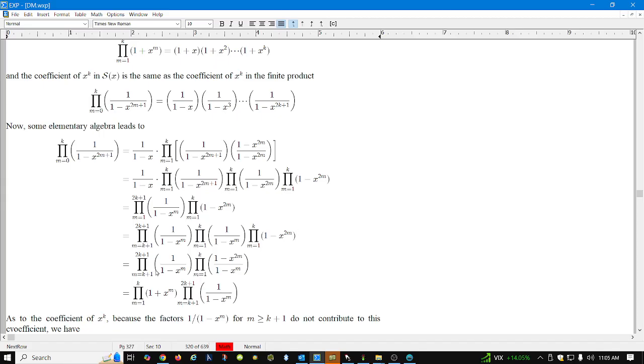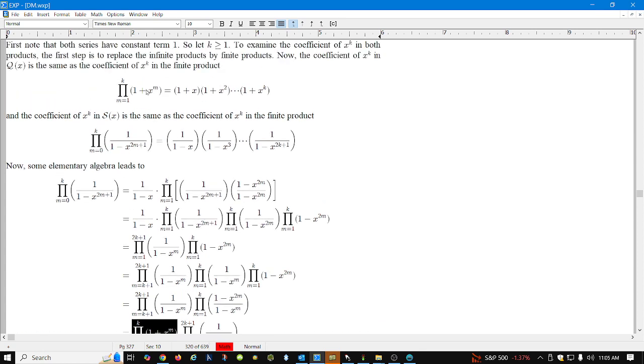Okay. This I have reproduced as the second factor. What about this? Well, 1 minus x to the 2m is 1 minus x to the m times 1 plus x to the m. This is the essence of this whole computation. So there's a cancellation, and I have this sum.